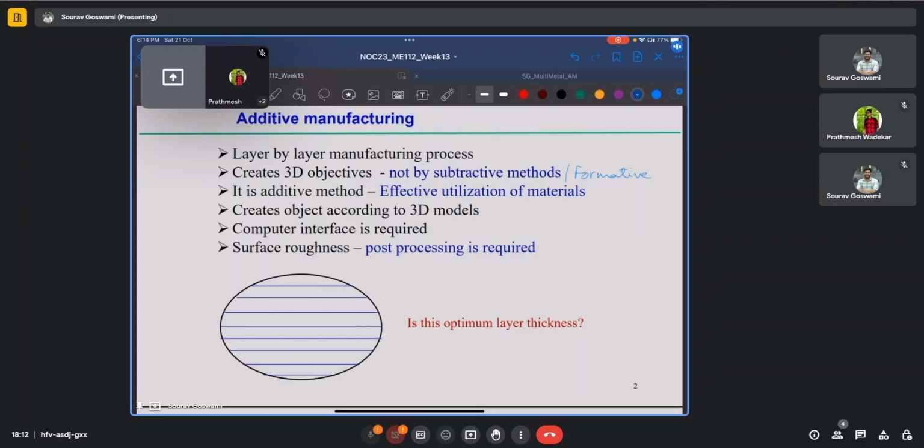And to deal with the surface roughness aspect, definitely post processing is required. Whereas some of the processes, such as say DLP, digital light processing, and vat photopolymerization, can produce very fine or very thin layers. They are, however, limited to a very small set of materials, such as polymers. Binder jetting is very versatile in terms of materials.